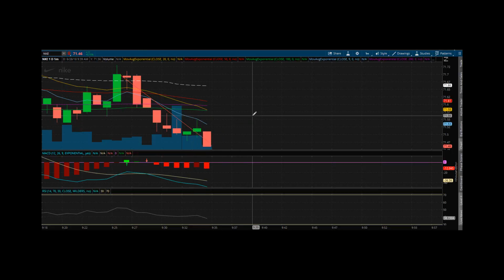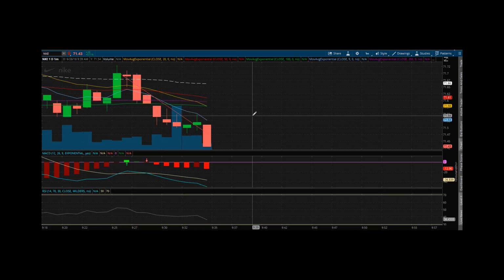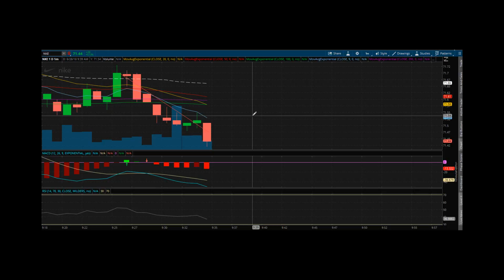And let's just say I had enough shares to make it worth it for me to take on that leverage of 23 cents per share. So basically, if I had 1,000 shares, I'd make $230, but at the same time that would be like $71,000. So this is basically just scalping right here.